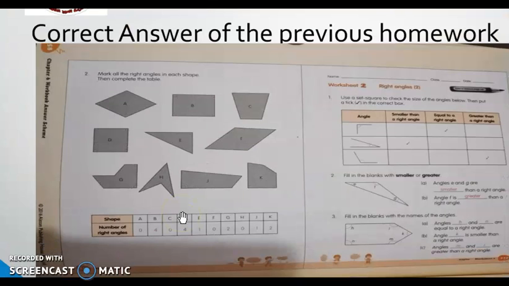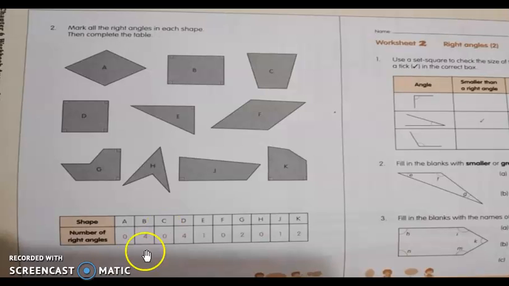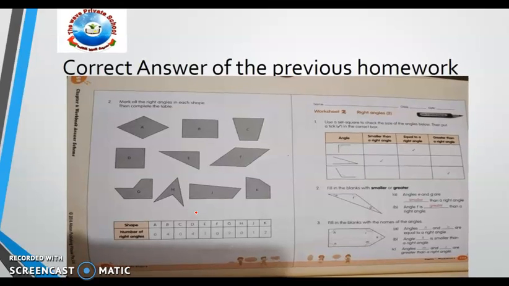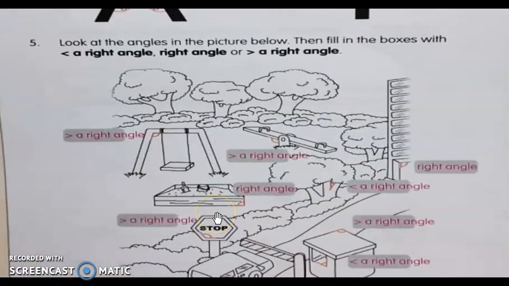For page number 118 the answers are, and for the next page the answers are. Likewise for page number 120 the answers are.